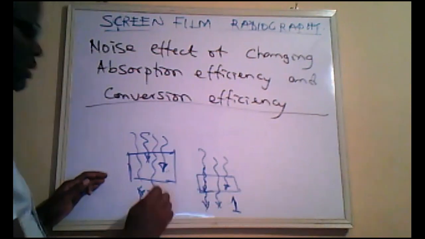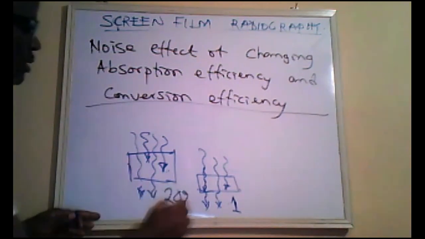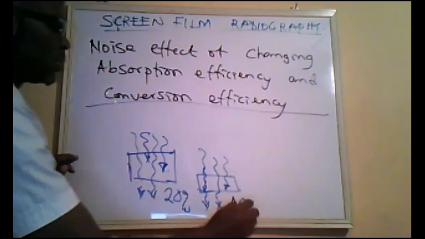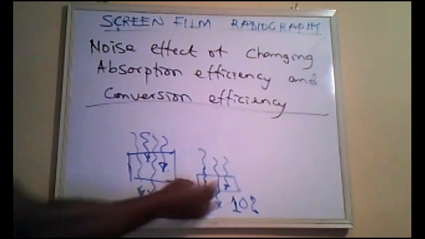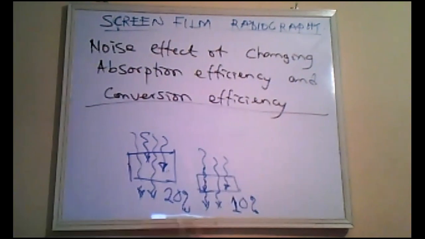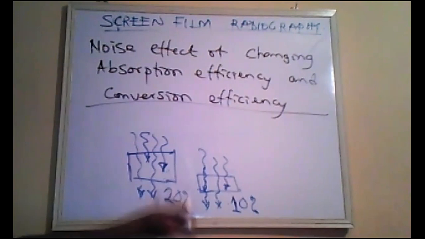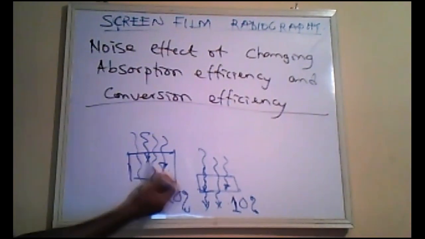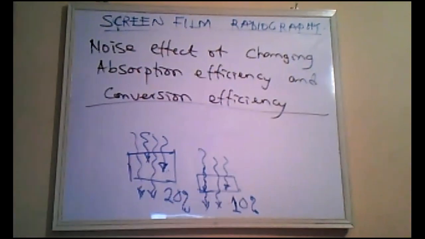Let's say this has 20% absorption efficiency, and this one has a 10% absorption efficiency. With this one we make use of more X-ray photons. Why? Because we have two X-ray photons that have been used to form the image. This one just one X-ray photon. These values are just hypothetical. They are not real values.